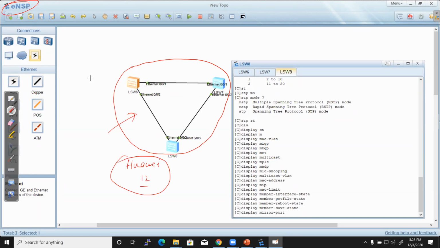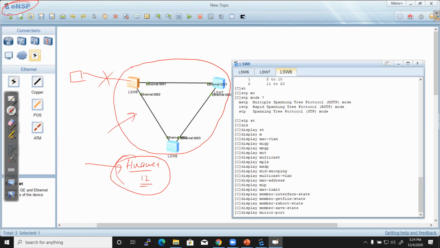Because if someone tries to connect to my switch, it might be a hacker, an unauthorized person. If it has not been configured with the same name and the same integer value, it cannot get any traffic of any VLANs unless it joins the same domain.